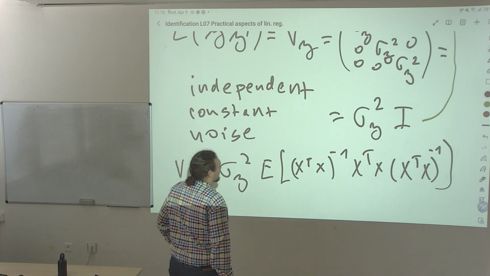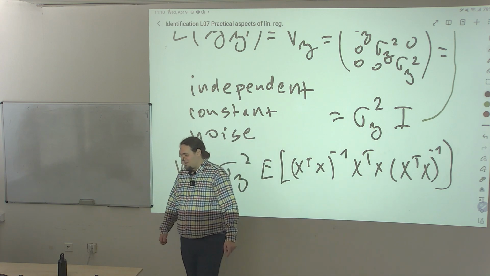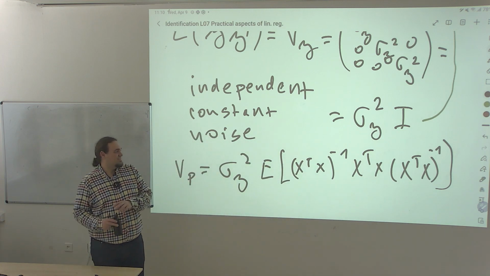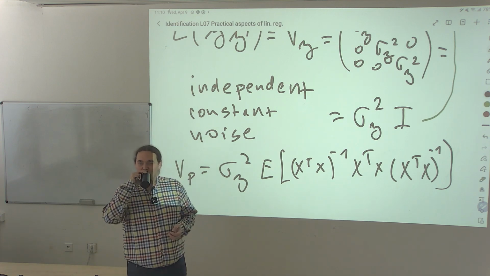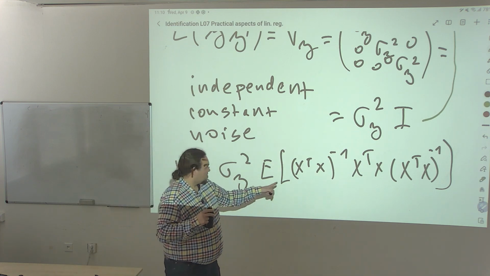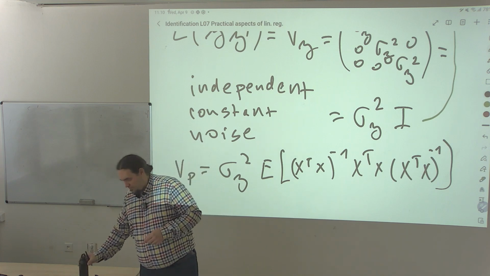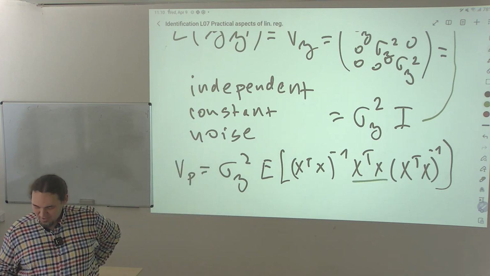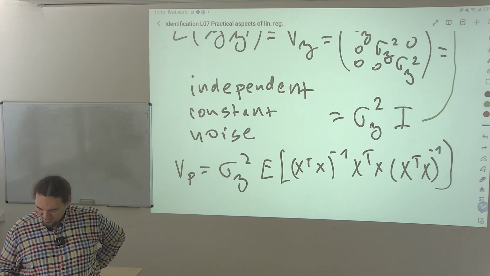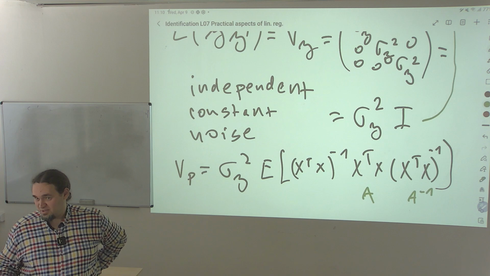What do you think? What can we simplify here? So there is matrix A and there is matrix A inverse, right?